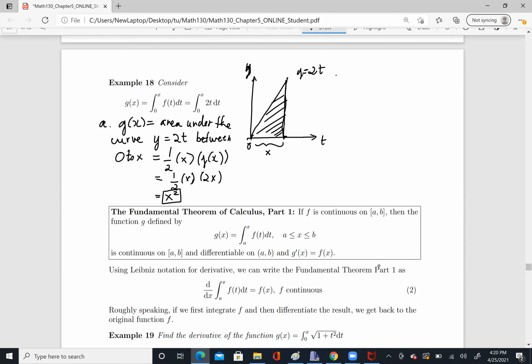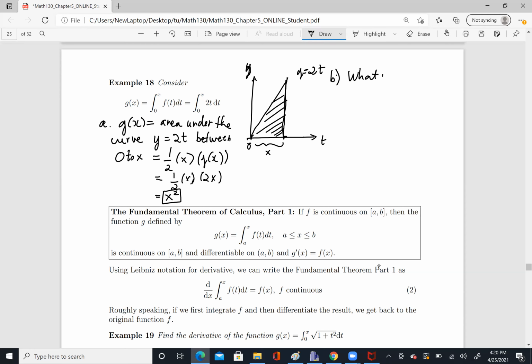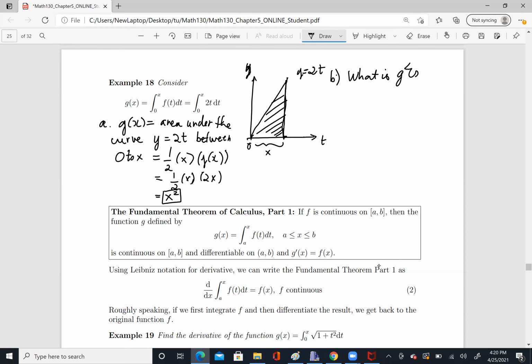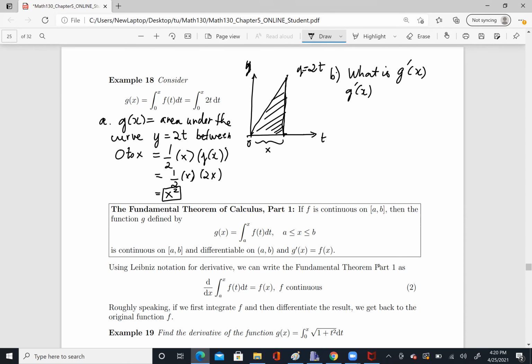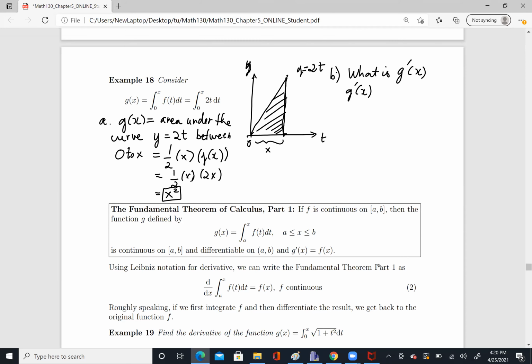Okay. For part B, I would like to ask, what is g'(x)? If I have g'(x), I know that g'(x) will be equal to mx, right?